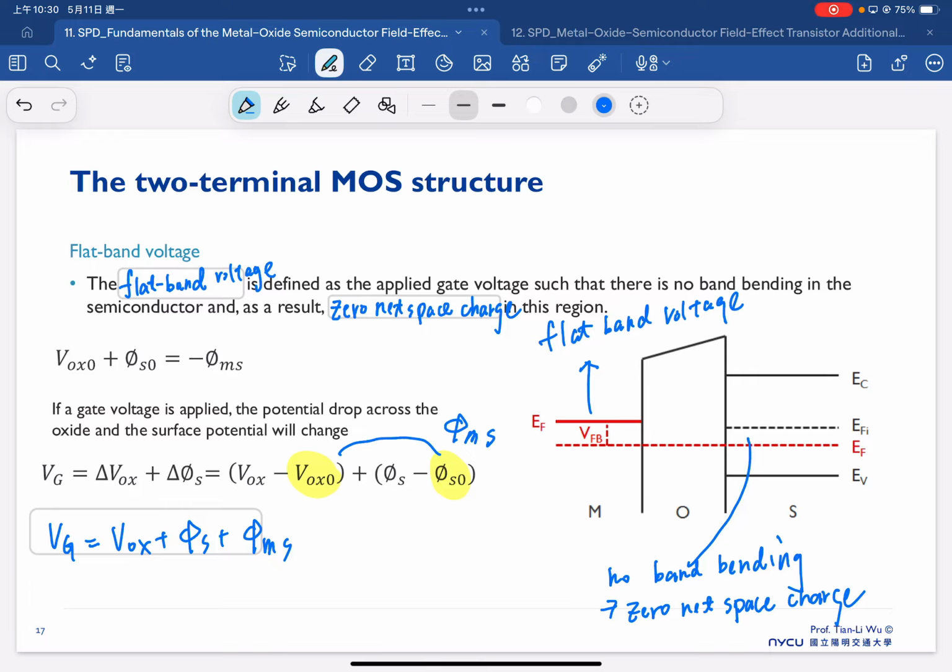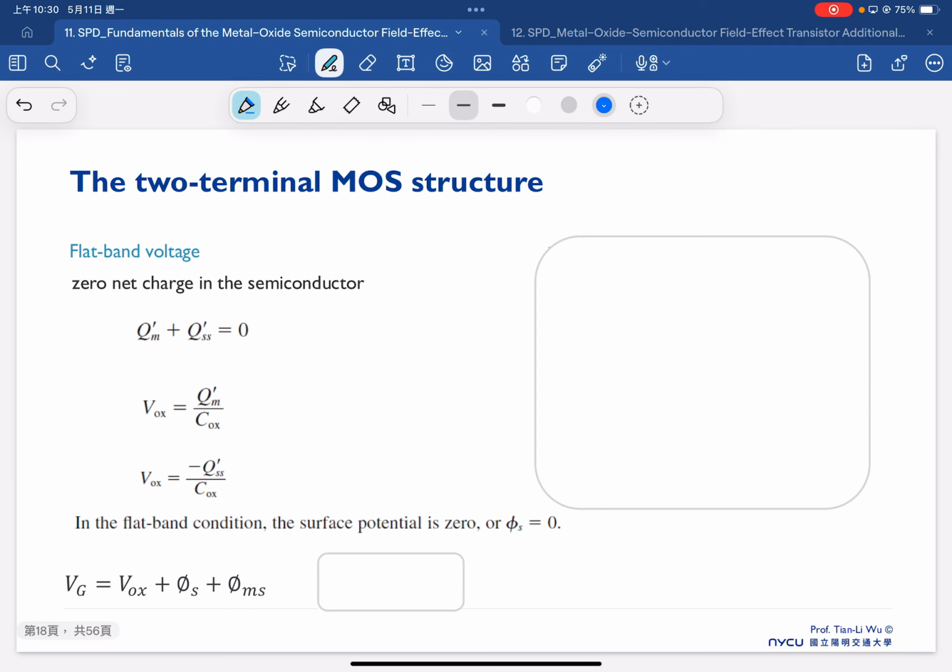So now we are back to a very similar analysis to what we did for the PN diode. We always start from the very basics. If you followed the previous section, the MOSFET or MOS structure analysis is based on what we have learned before, so the analysis style is very similar.